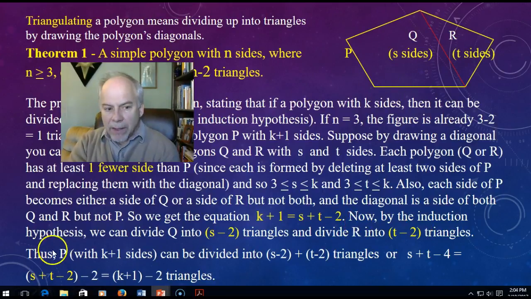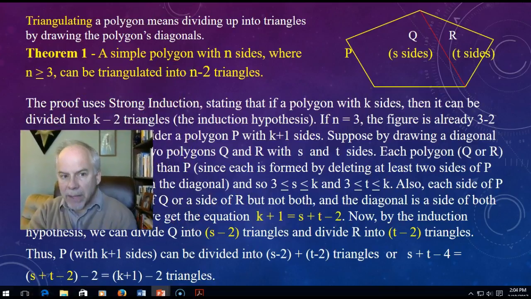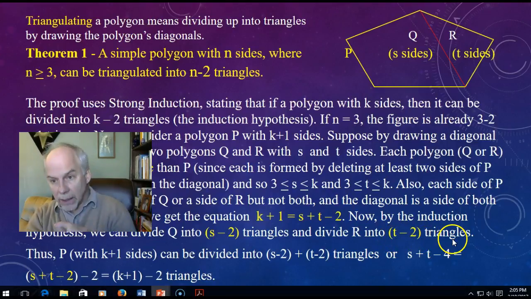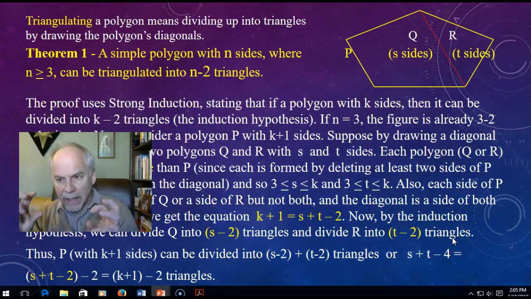So now, by the induction hypothesis, we can divide Q. The induction hypothesis is where we know that if it has S sides, it's going to have S minus 2 triangles. And if it has T sides, it's going to have T minus 2 triangles that it'll divide up into.